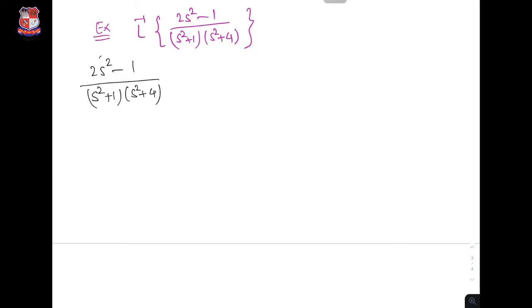Just for the time being we write s² equal to, say, m.